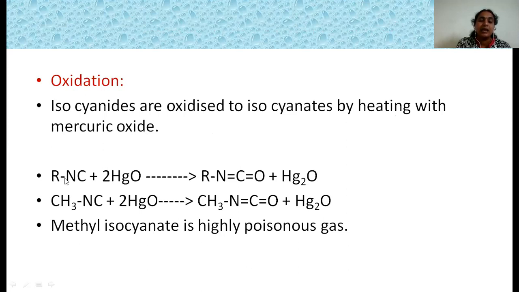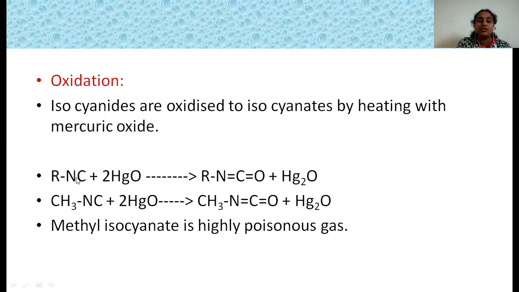So in the alkyl isocyanide, nitrogen is connected to the alkyl group. When it reacts with mercuric oxide, HgO, it produces the alkyl isocyanate. NCO is called isocyanate.